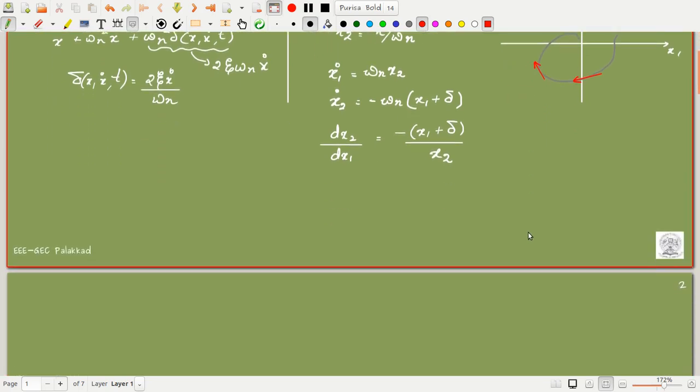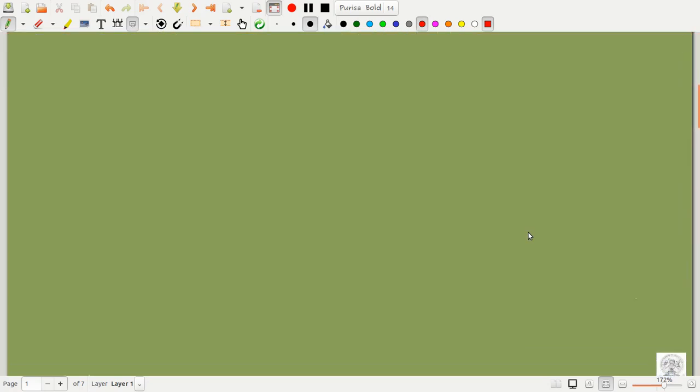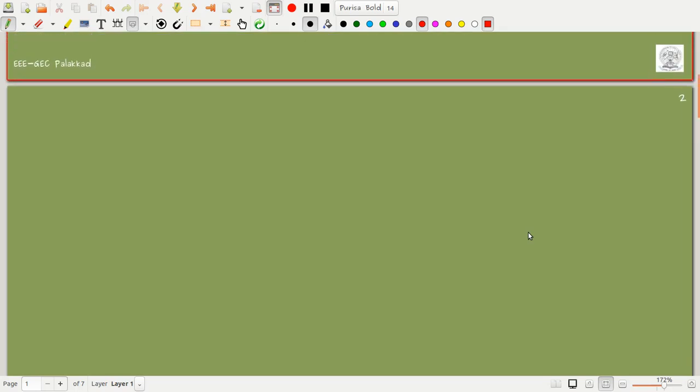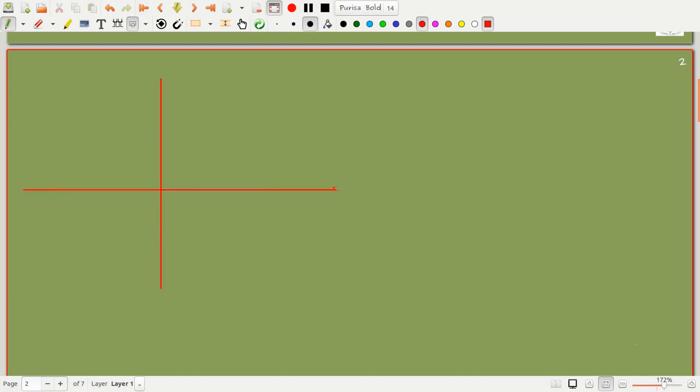Okay, so we'll go to the next slide. So the idea, so how to plot this curve, we'll see what is delta, what is the advantage of this delta function here. So let me draw the x1, x2 plane here.